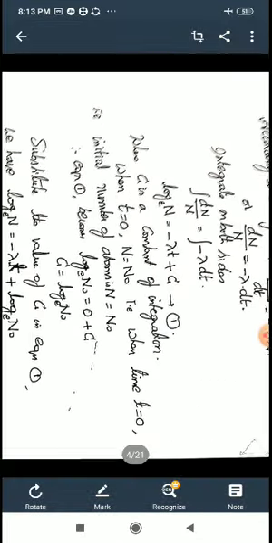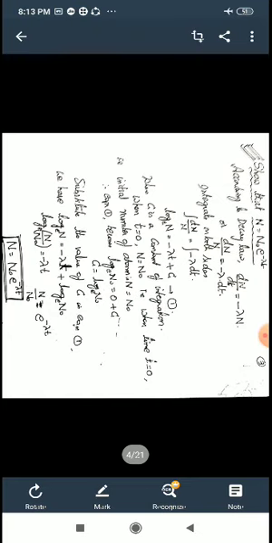Now let us see one more important topic. It is also very, very important. Show that n is equal to n0 e to the power of minus lambda t.